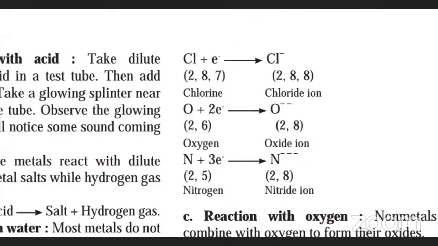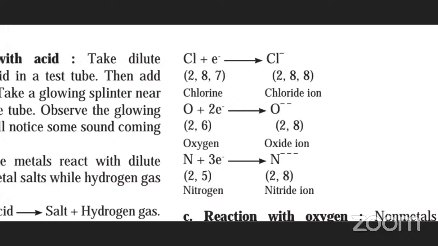So look at these reactions. The three reactions are shown here. First one is of chlorine, second is of oxygen, and third is of nitrogen. So since there are 7 electrons in the outermost shell of chlorine, only 1 electron is required to complete the octet.